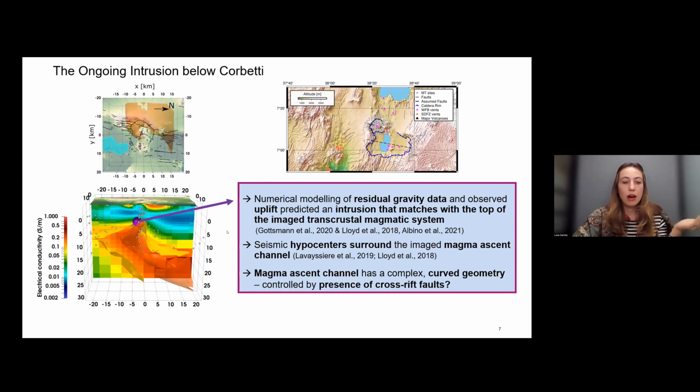So having that in mind, we thought it's interesting that the magmatic ascent channel has a bit of a complex shape and is bending in this direction here. But of course, to really relate this to the tectonic environment, we would need more information. But I thought in this seminar it's interesting to mention this observation we made.